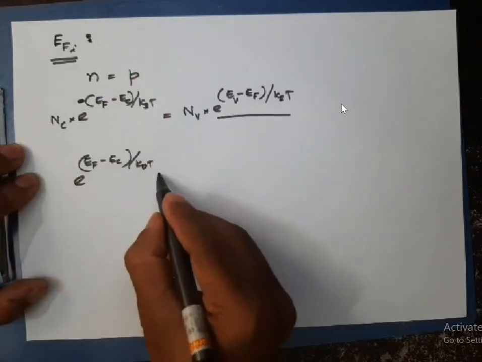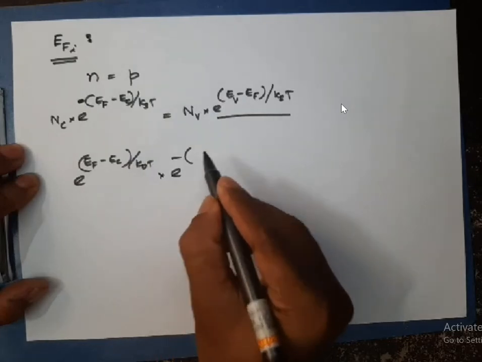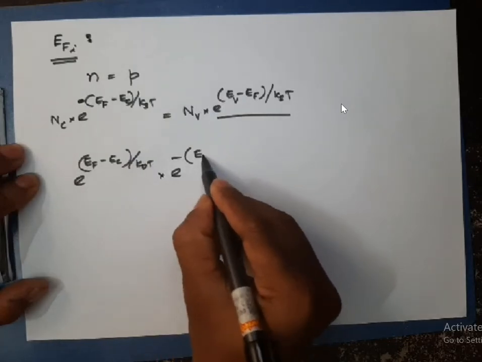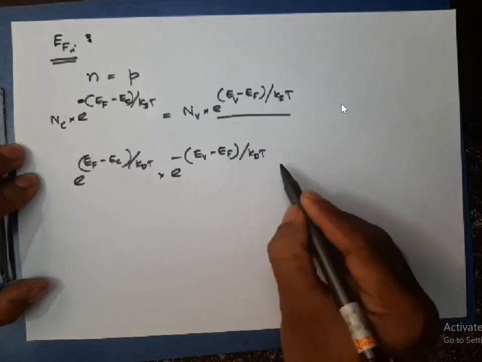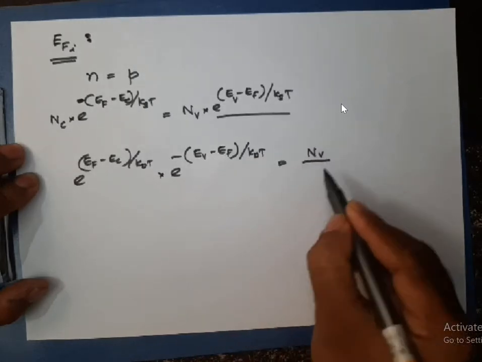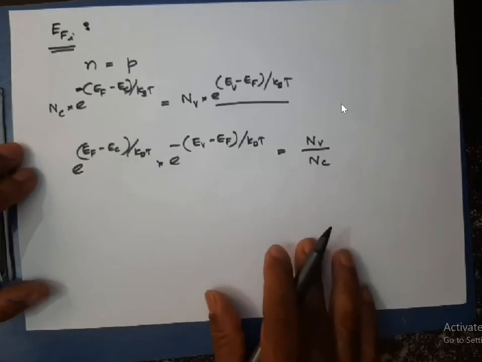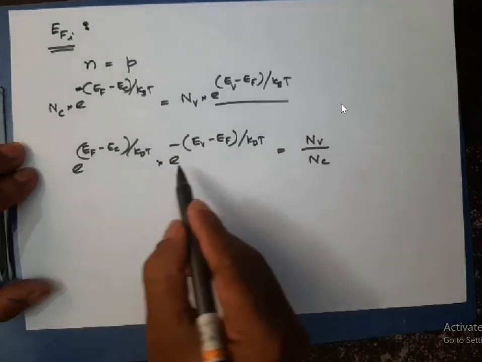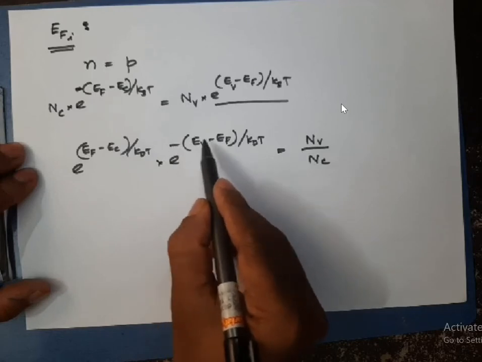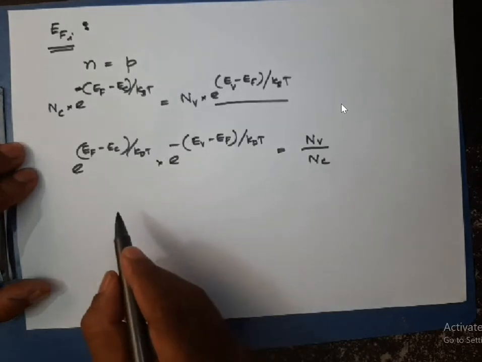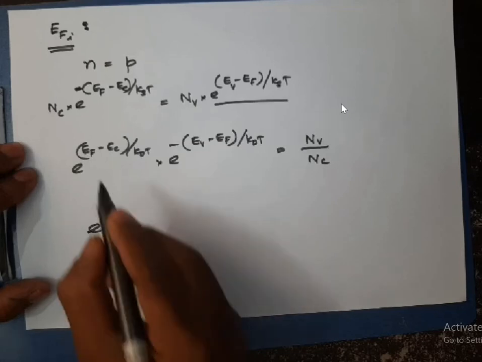If I bring it to the numerator, I'll get e power minus (EV minus EF) by kBT equal to Nv by Nc. If I multiply, you have to add the powers. Here I will get minus EV, here I will get plus EF. So what I will get is e power 2EF.